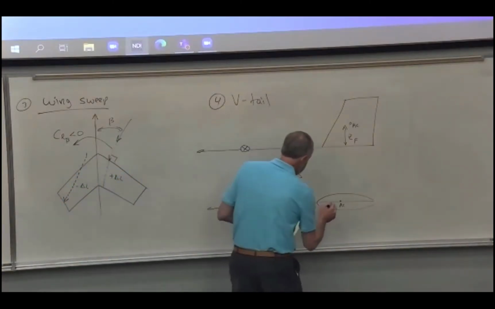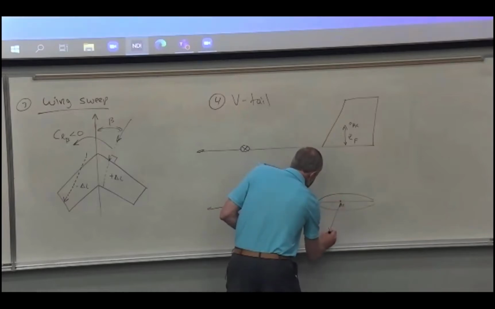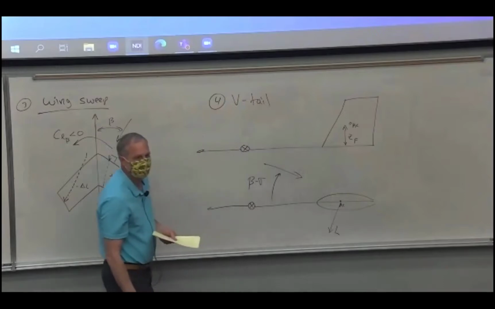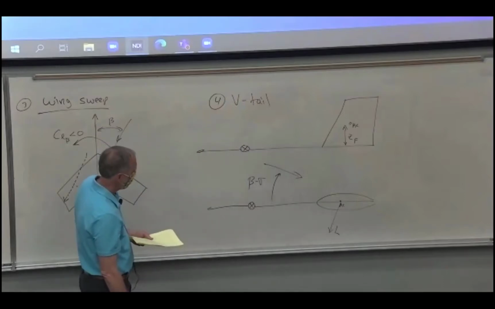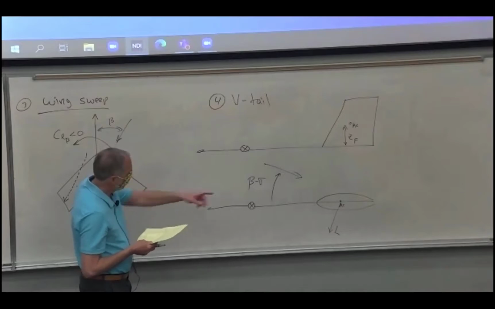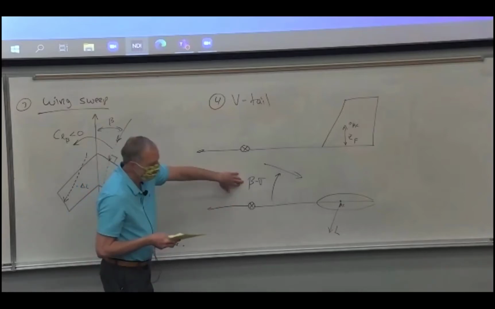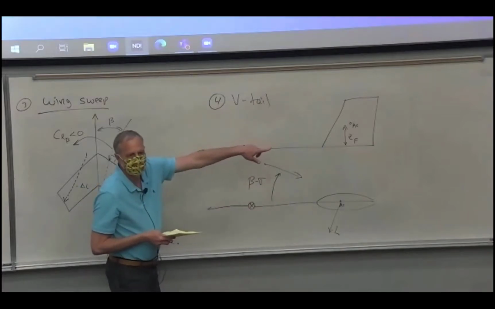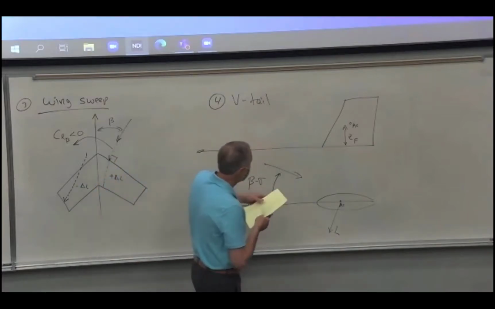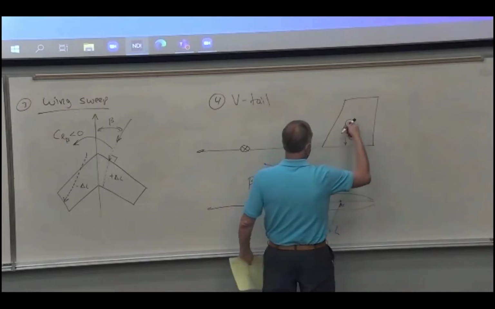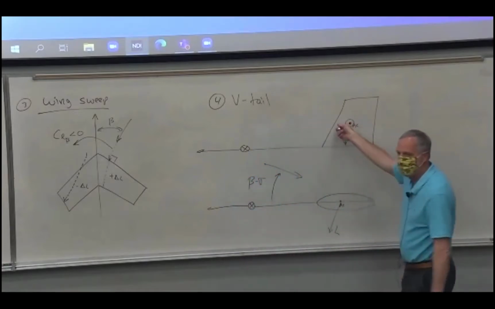And so we're going to get a force, a lift force, due to beta in that direction. And just like any other aerodynamics problem, we're going to take the lift curve slope times the angle of attack, get the lift, and then multiply by the moment arm. So if you want to draw that vector in here, it's a vector that's coming out of the page here in this direction like that.